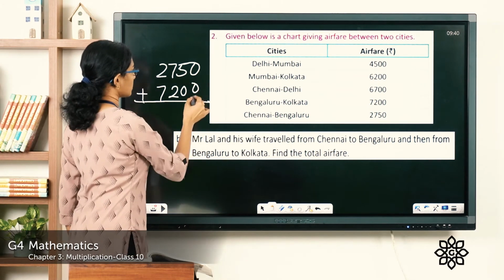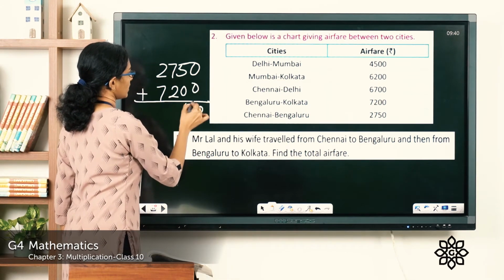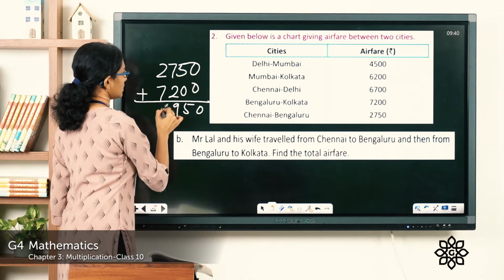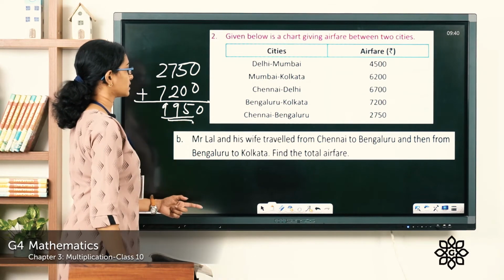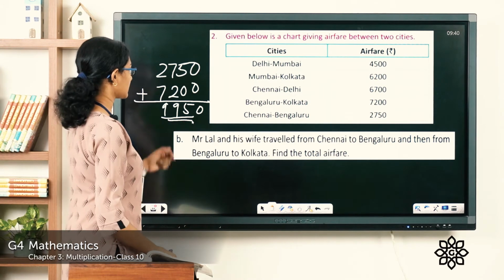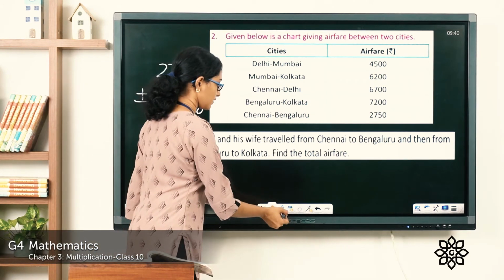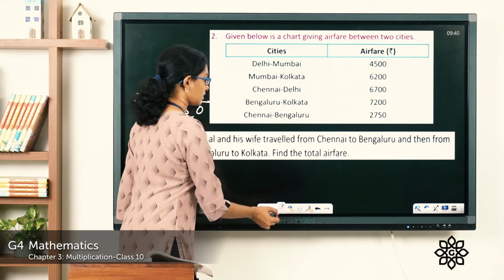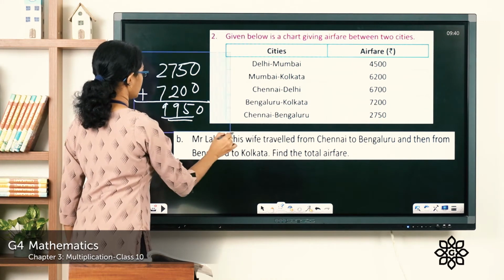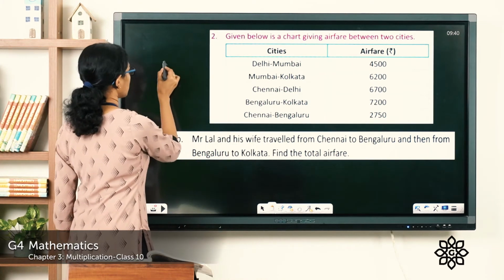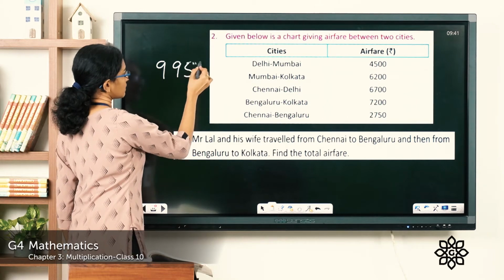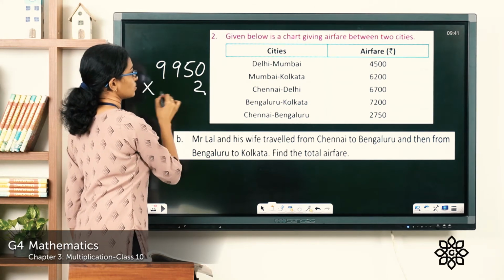So the total airfare for Mr. Lal would be equal to 0, 5, 7 plus 2, 9, again 9. So for one person, the total airfare would be 9,950. Since his wife is also traveling, the total airfare would be equal to 9,950 into 2, right?